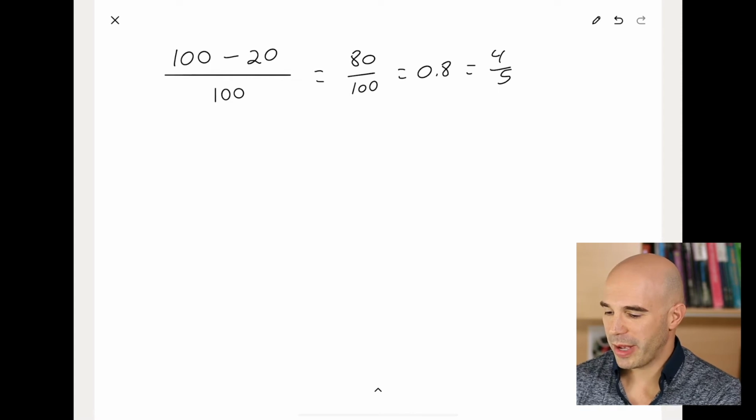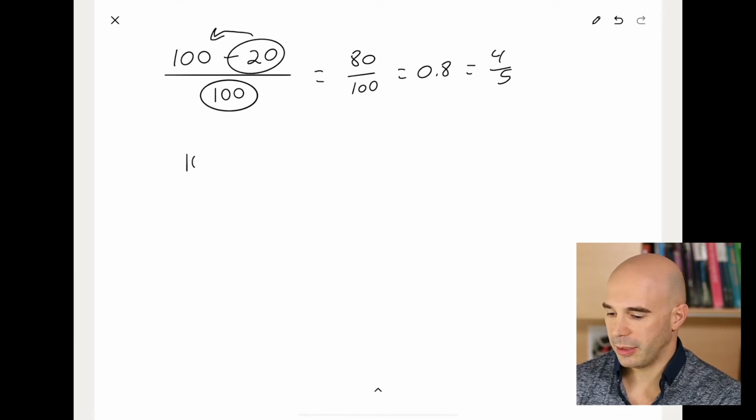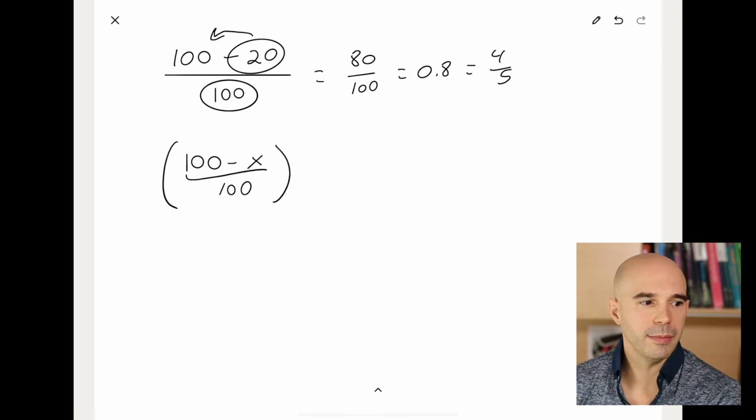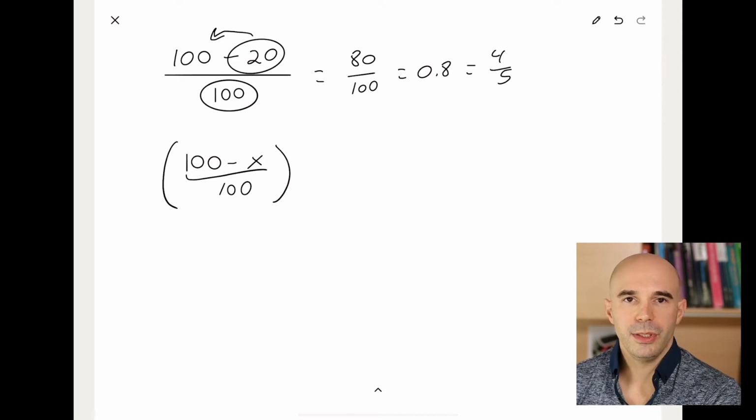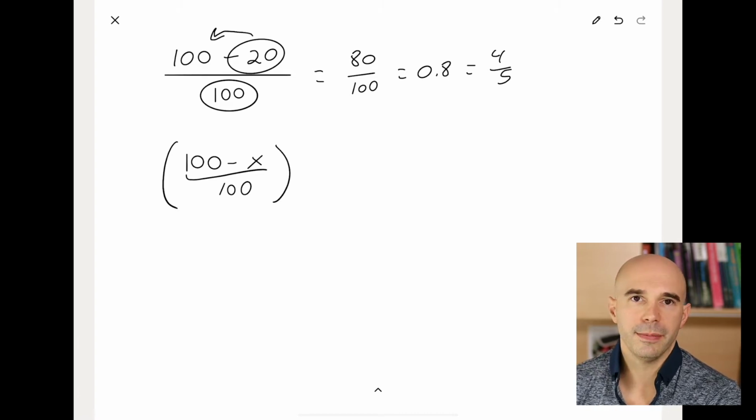So when you think about what we actually did here, we subtracted that percent discount from a starting point of 100, and then we divided out by that starting point. So if we were talking about an X% discount, we would have to do this. That's the factor by which the original is getting multiplied. So when you have some item that's discounted by X%, you would multiply that item by 100 minus X over 100.